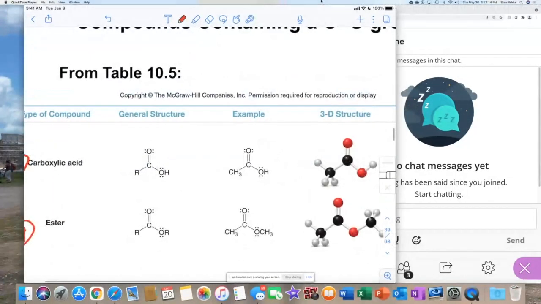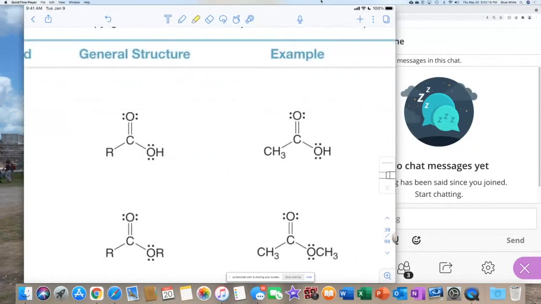And then over here, carboxylic acid, once again, you have your carbonyl group in the center on one side. So it looks like a combination of carbonyl and alcohol, right? Carbonyl plus alcohol. That's what it looks like, carboxylic acid, at least visually, right?